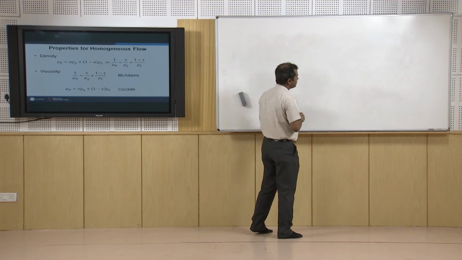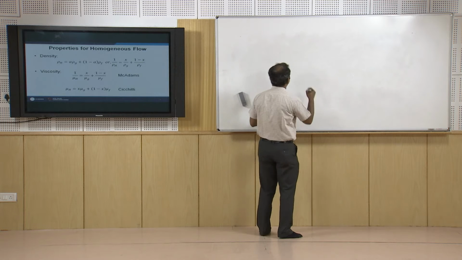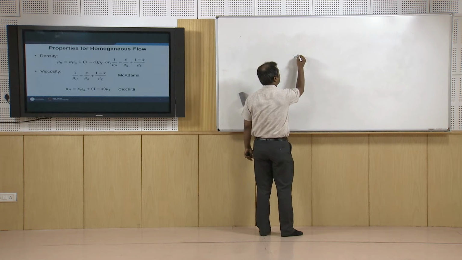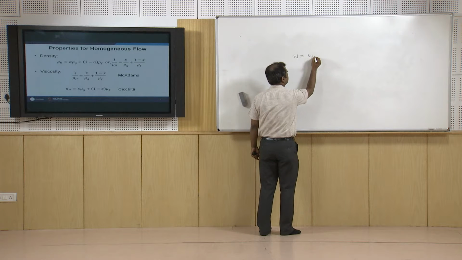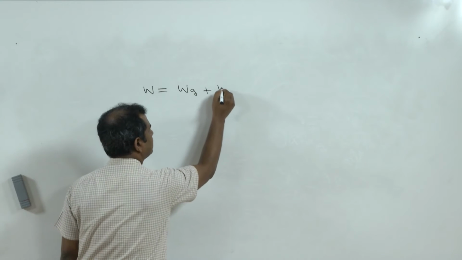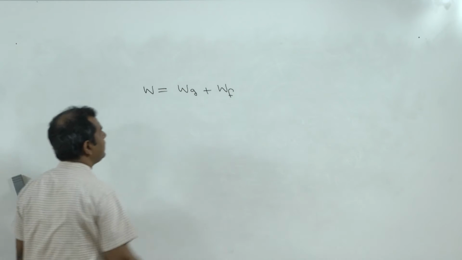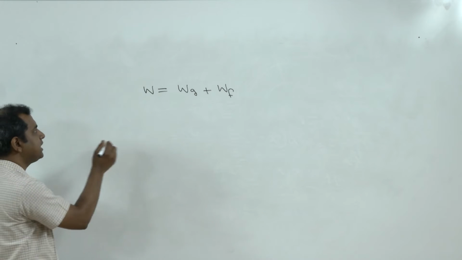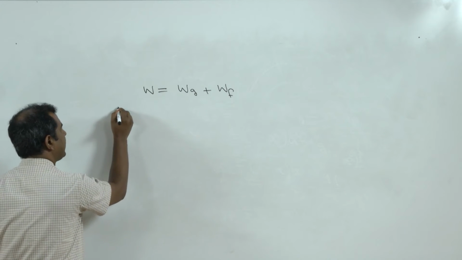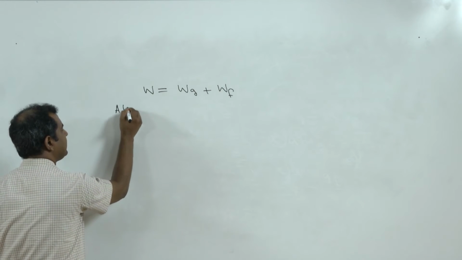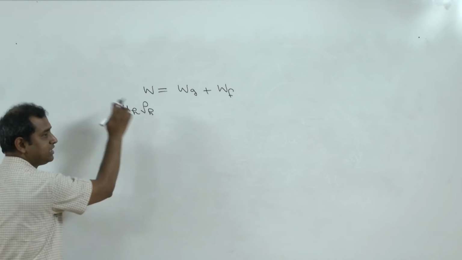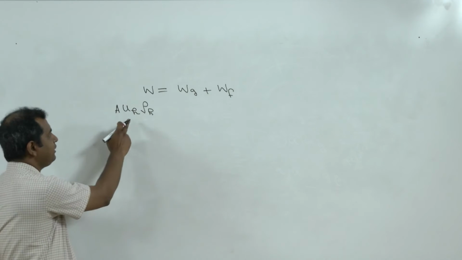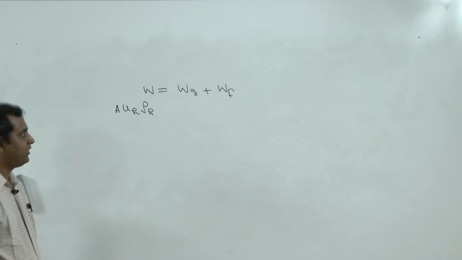We know from the continuity equation that the total flow rate W equals Wg plus Wf. In case of homogeneous flow, this W can be written as A UH into rho h, where rho h is the homogeneous density and UH is the homogeneous velocity.